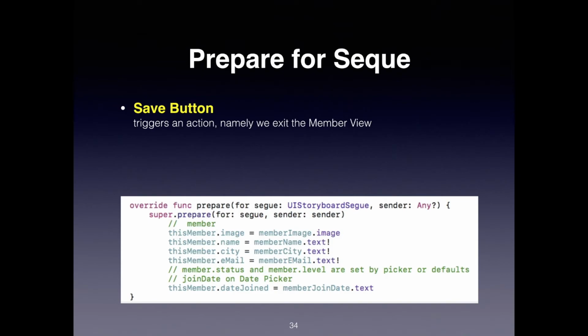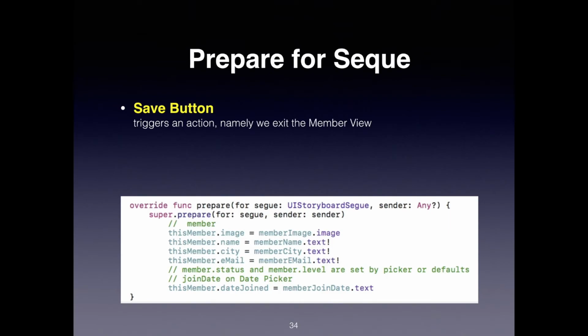And in this segue, you basically will assemble information. What you're actually doing here is taking the data from the various things that are on display, and stuffing them into the instance of a member that you're keeping as a property in this UI view.